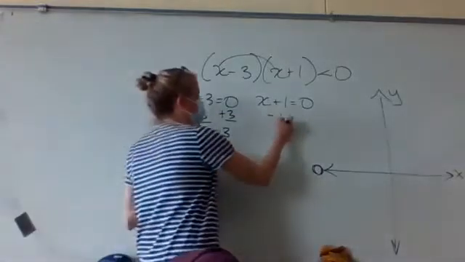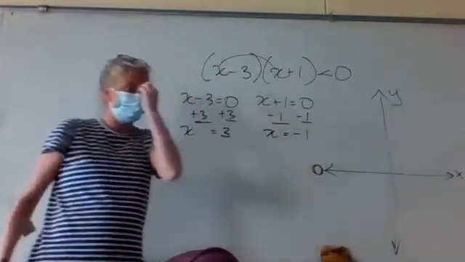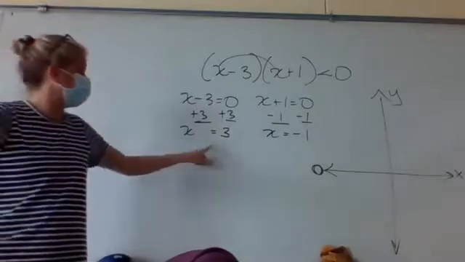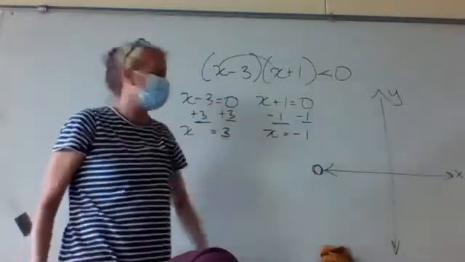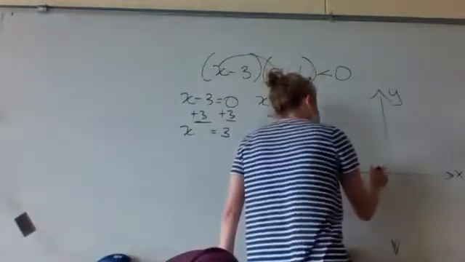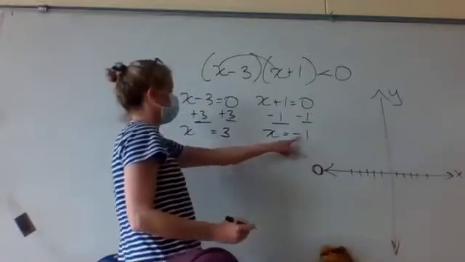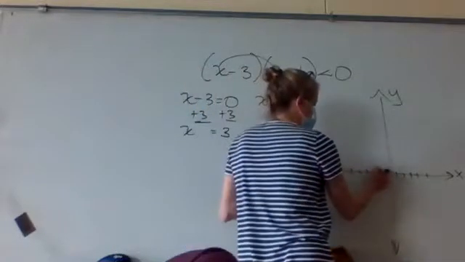On this one, I would subtract the 1 from both sides. So x equals -1. I'm going to plot those 2 points. These are the x-intercepts of this graph. So I'm going to plot them on my x-axis. So it's going to cross the x-axis at -1 and +3.